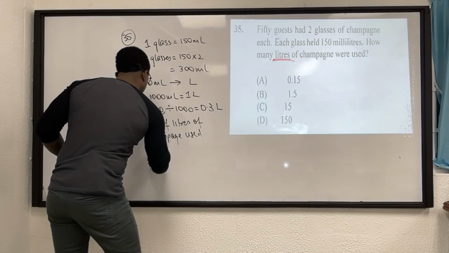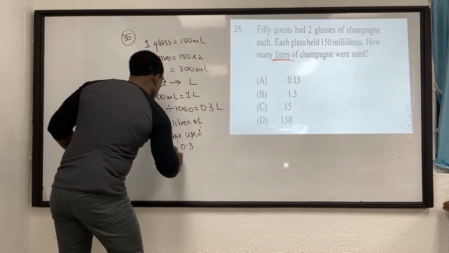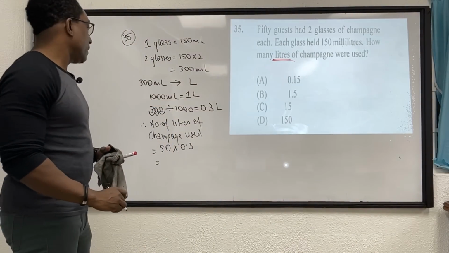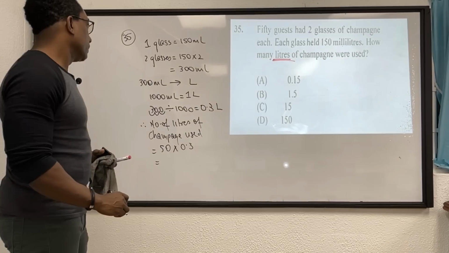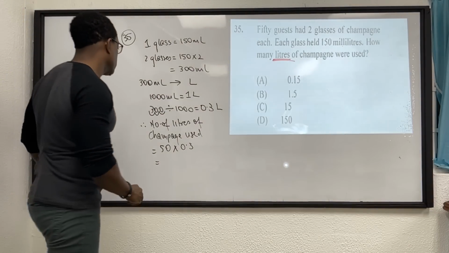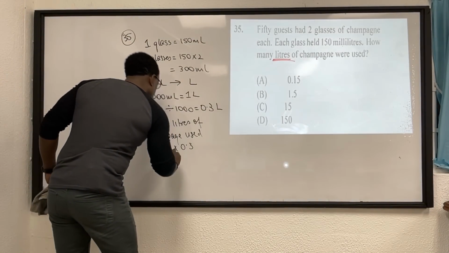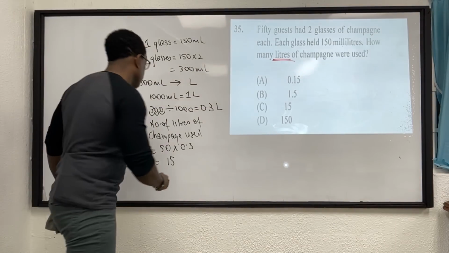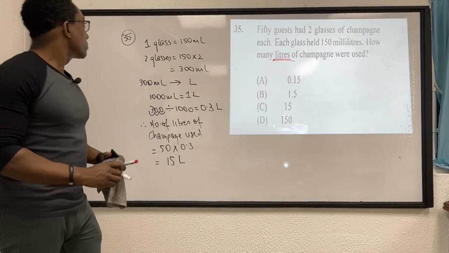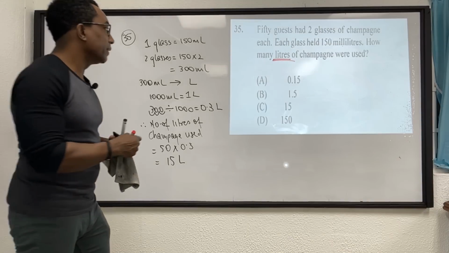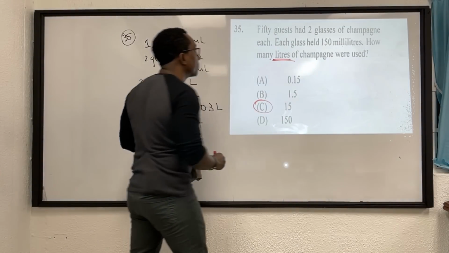So that will be 50 by 0.3, and 50 by 0.3 will give us 15 liters. Okay, so the answer for question 35 is C.